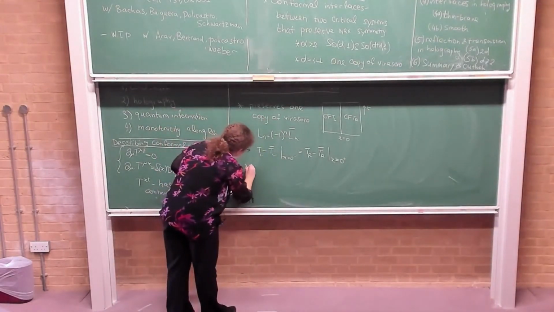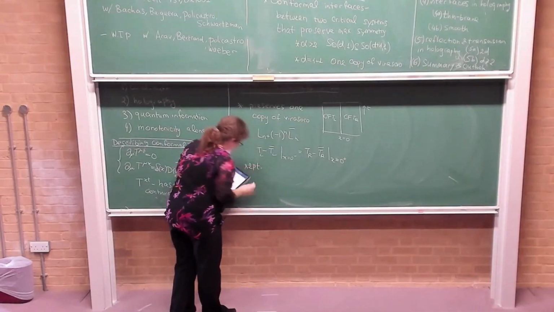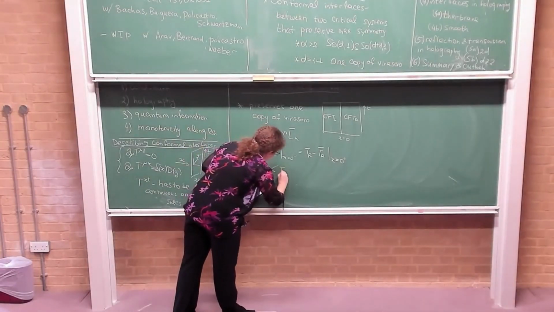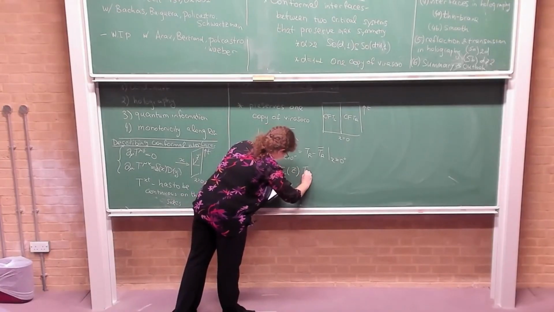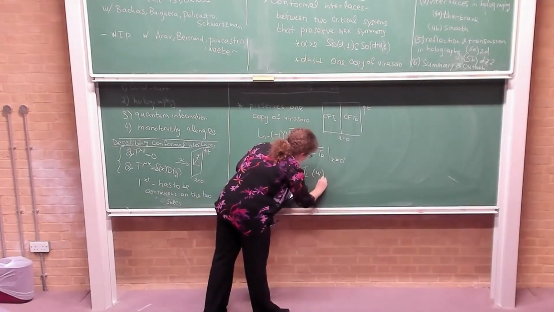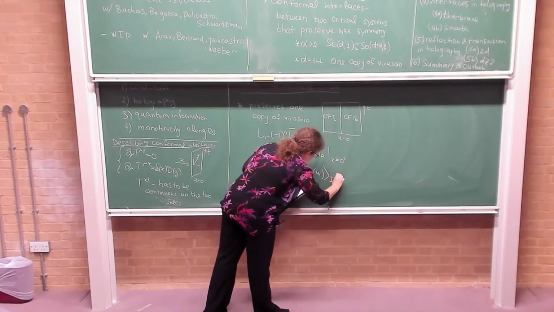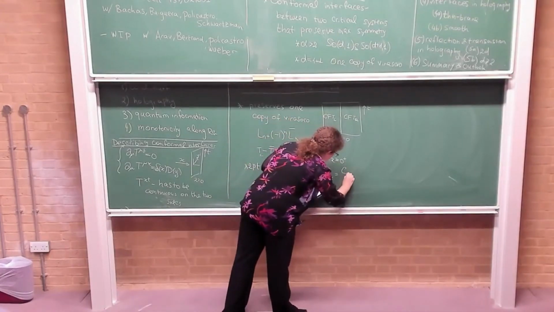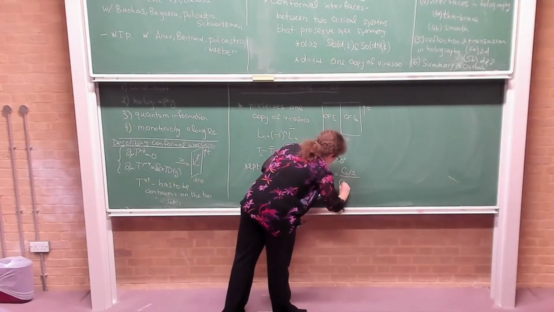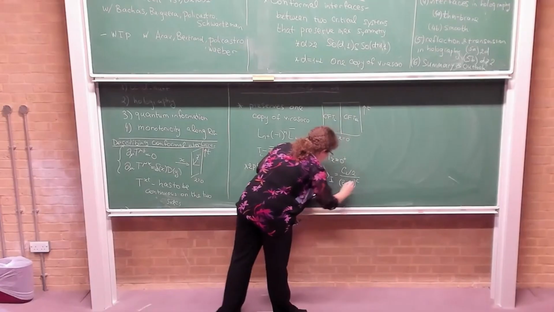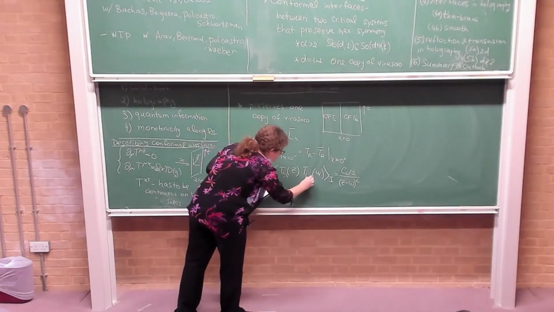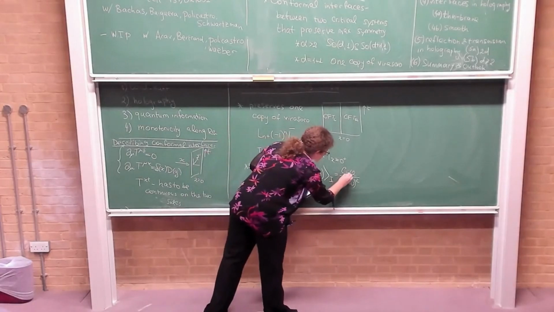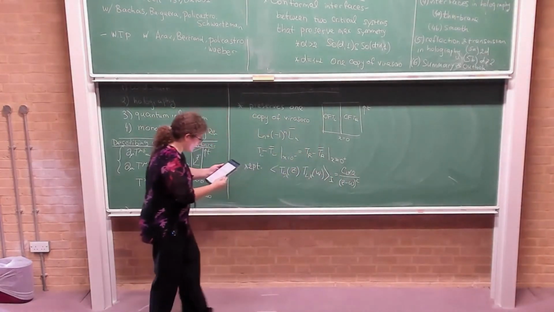So the 2 point function looks like that. For the left stress tensor, a similar expression for the right stress tensor, where this C is the left or right central charge.